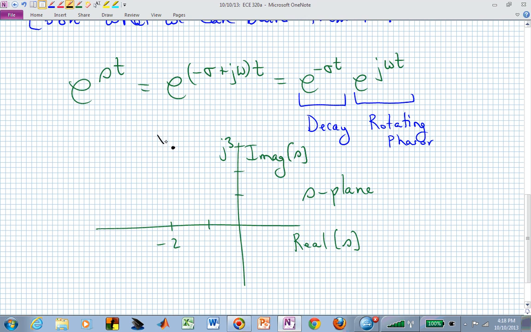In this case, that dot would be a value of s equal to minus 2 plus j3. So keep in mind, e to the st you can think of as this rotating phasor that could be either decaying, or if sigma was actually negative, expanding as time progresses. We now have this rotating phasor that's decaying or expanding, and we want to see what are the different possibilities that can come into being by the appropriate choice of s.